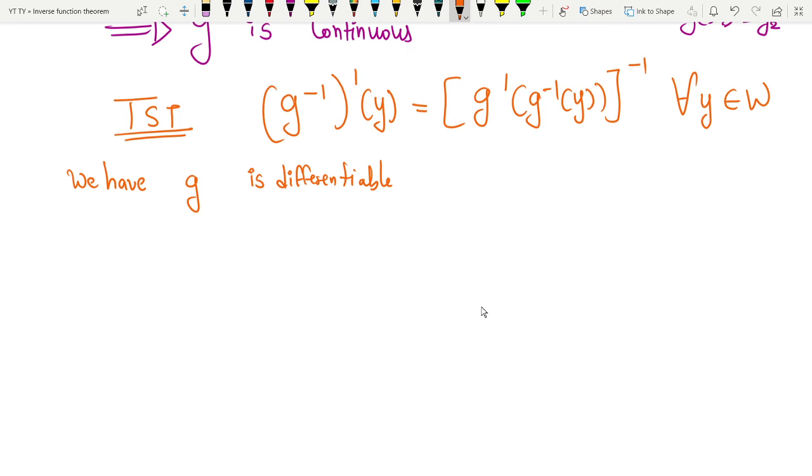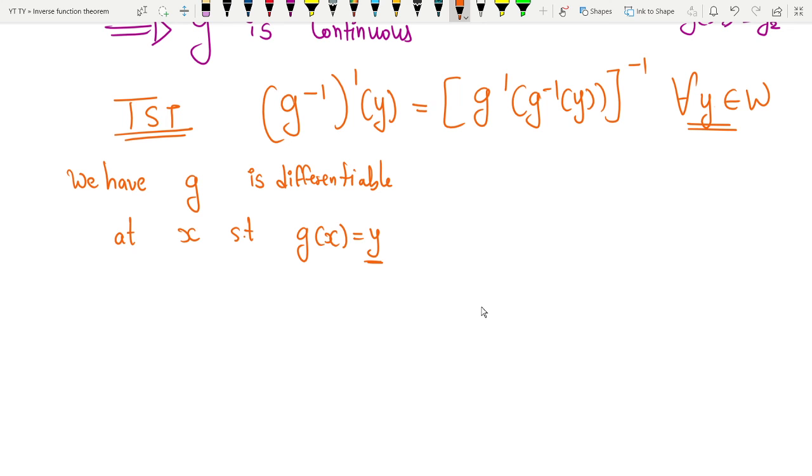So it is differentiable at the x also, such that G of x is the same as y. Since we want to prove it for every y, I consider that y over here, right? So G is differentiable at x, such that G of x equals y.